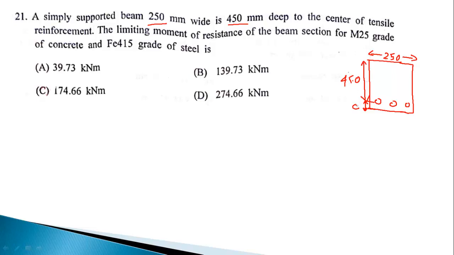The limiting moment of resistance of the beam section for M25 grade of concrete and Fe 415 grade of steel. So we have to find the limiting moment of resistance, Mu limit, which is the maximum moment that the beam can carry.